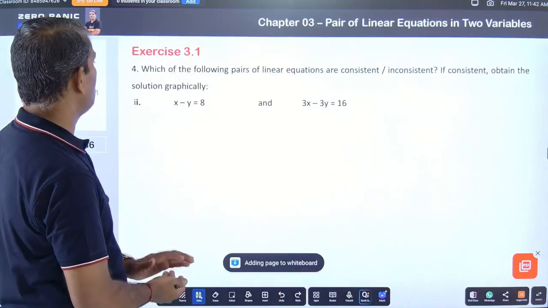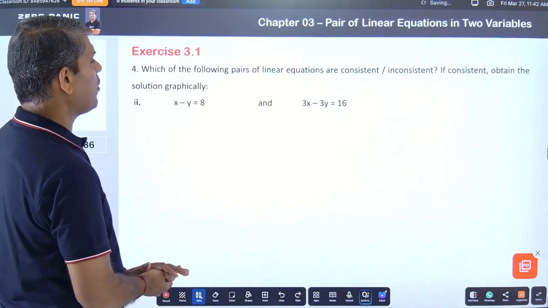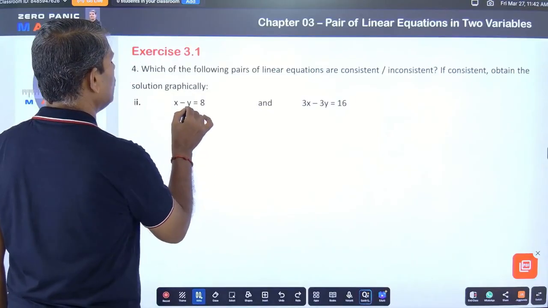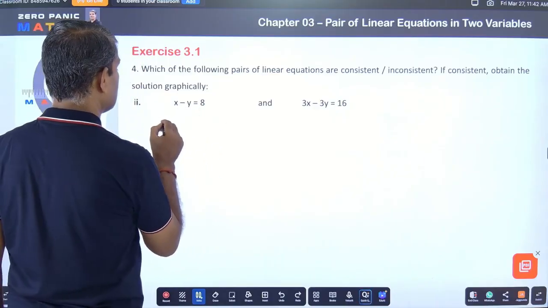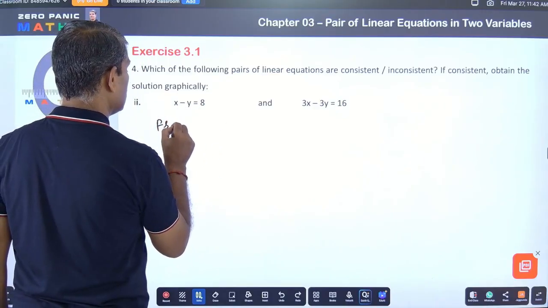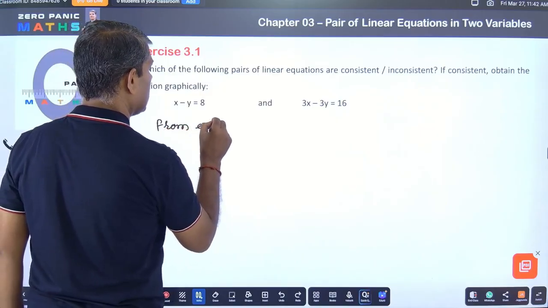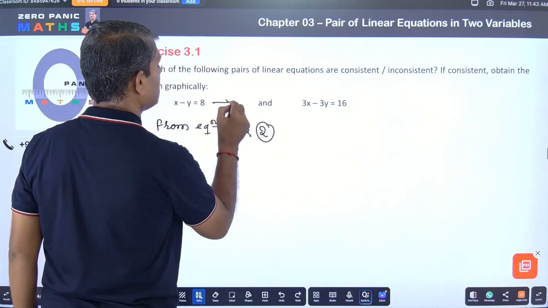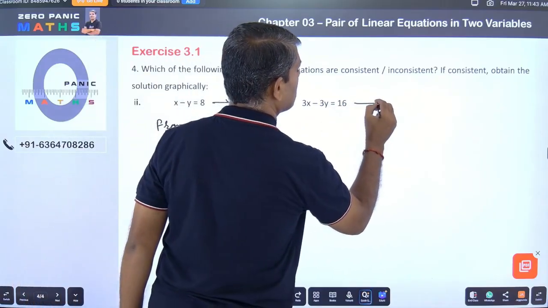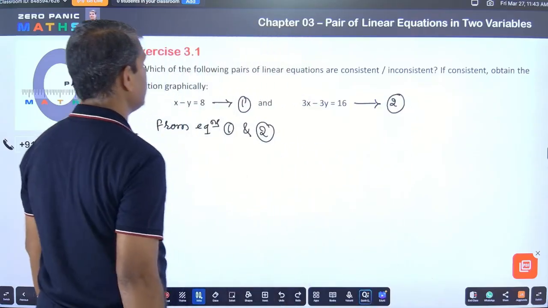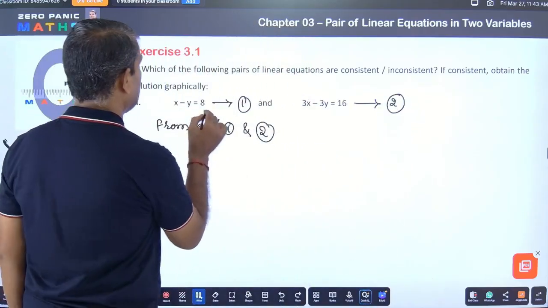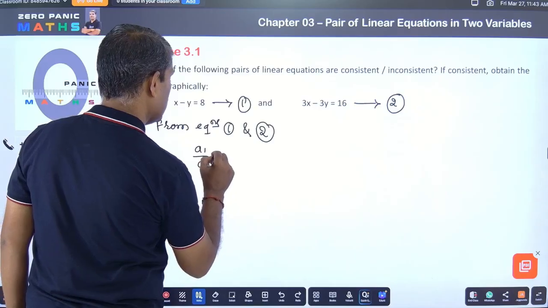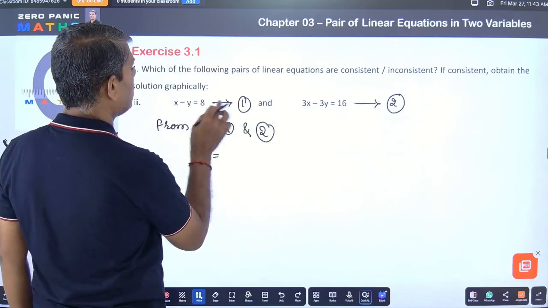Okay, let us quickly move to the second problem. Let us identify a1, b1 and c1 from this. Let us first mark them as equations 1 and 2 here. From equations 1 and 2, a1 by a2 is equal to 1 by 3.